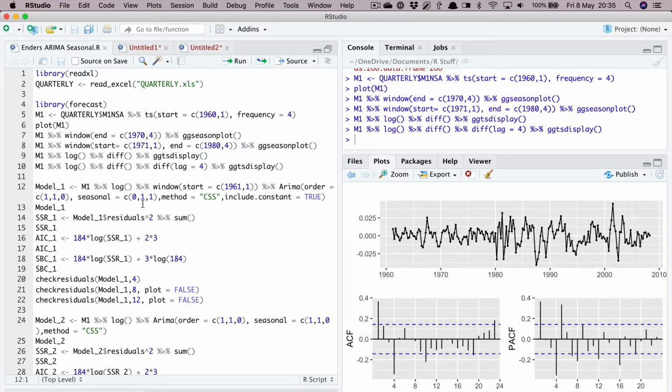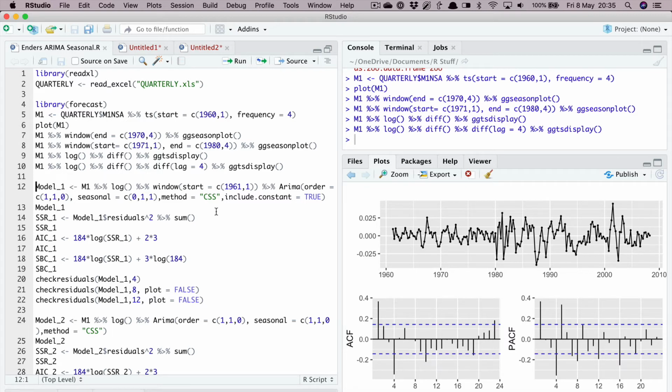Then seasonal, again, no autoregressive seasonal elements, one seasonal difference, and then one seasonal moving average coefficient, which will be at lag 4, of course, because remember this is the seasonal element, so that is 1 at lag 4. So this is the model that we're estimating.